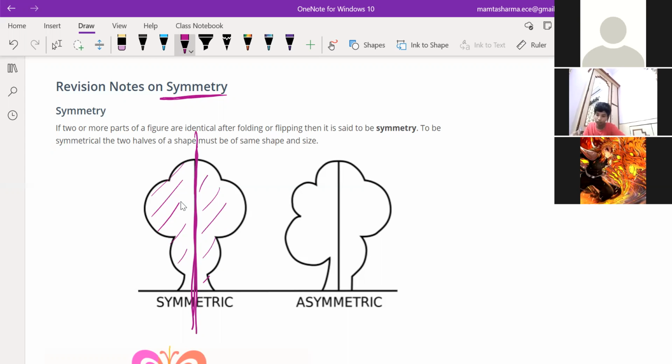Or instead of folding or flipping, you can say if we keep the mirror in the middle of this figure, in the mirror we will see the exact half image of the figure. If we could see the exact half image of the figure in the mirror, then we can say that this figure is symmetrical. Clear?